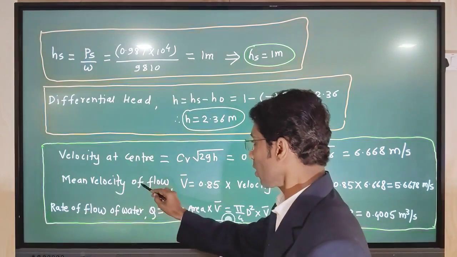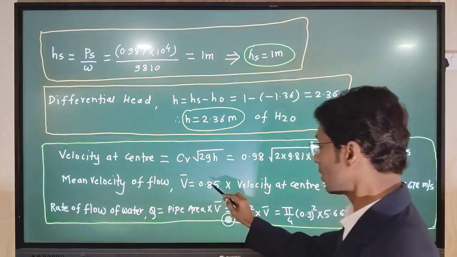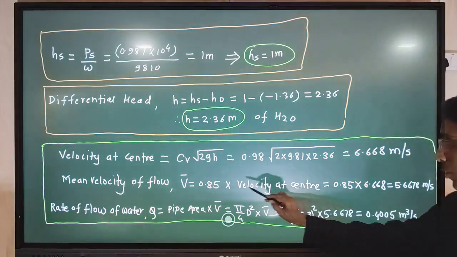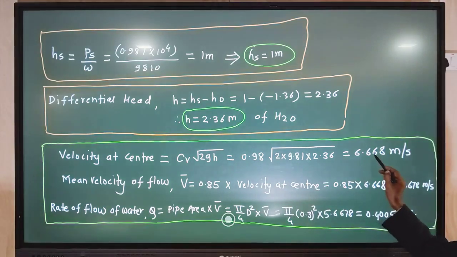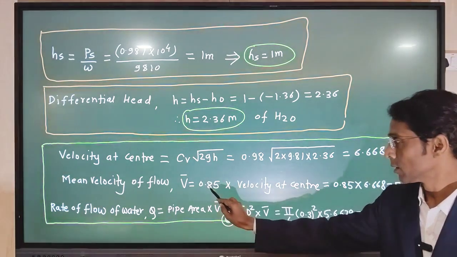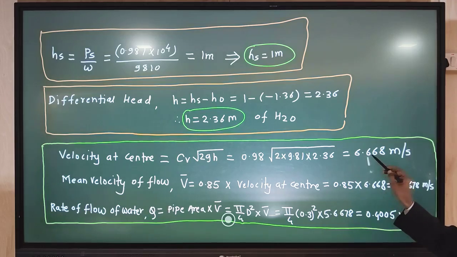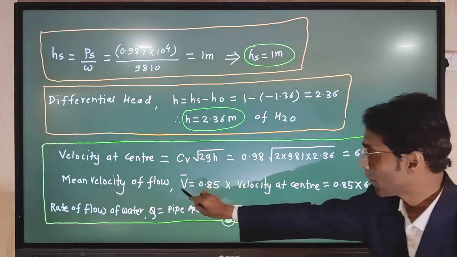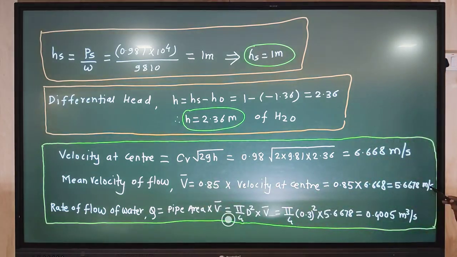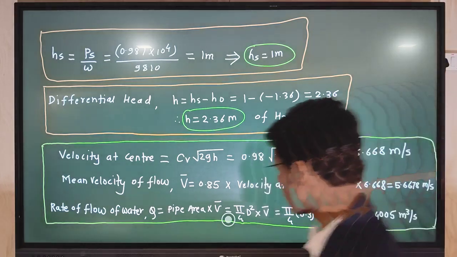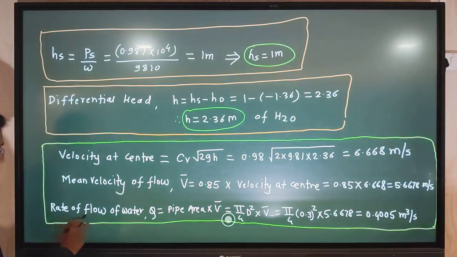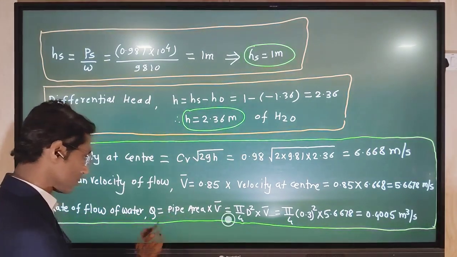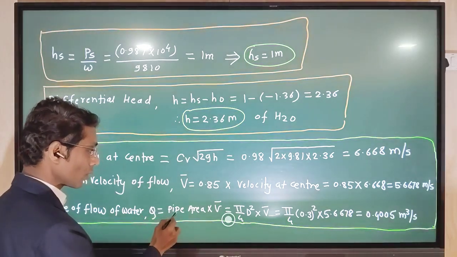Now, in the statement, the mean velocity of flow, that is V bar, is given as 0.85 times the velocity at center. So putting the velocity at center, 0.85 multiplied by 6.668, we get the value of V bar, that is 5.6678 meter per second. To calculate the rate of flow, that is the discharge of water passing through the pipe, it is equal to area into velocity.